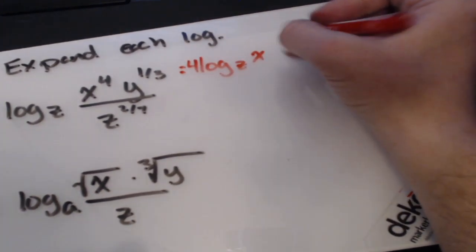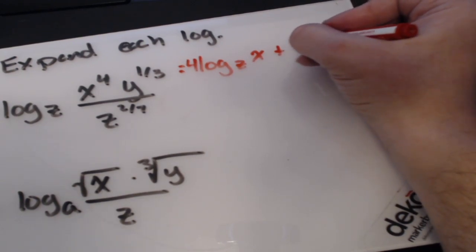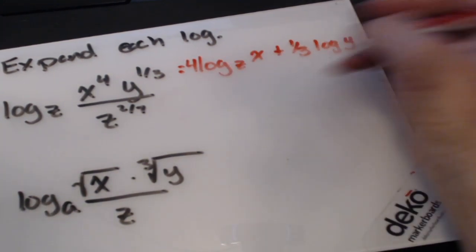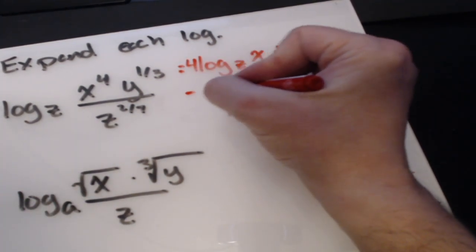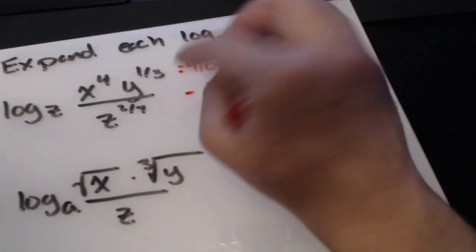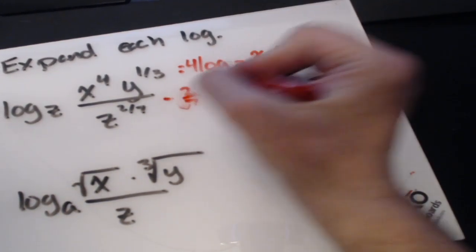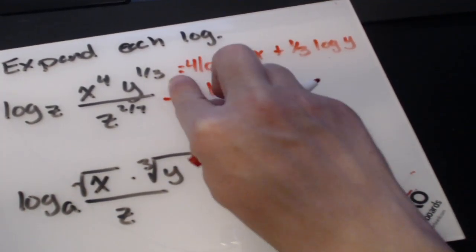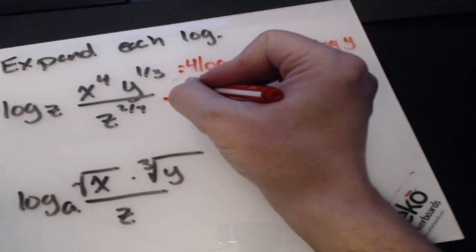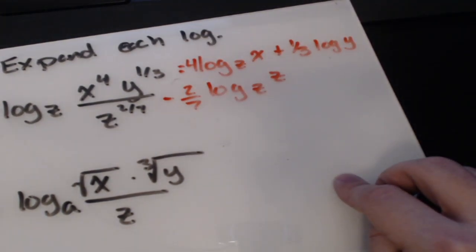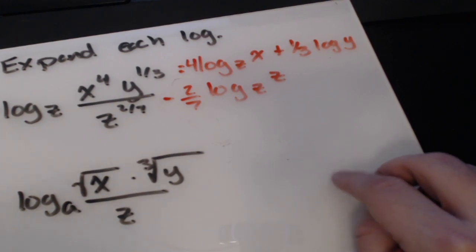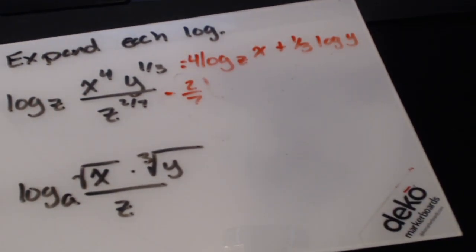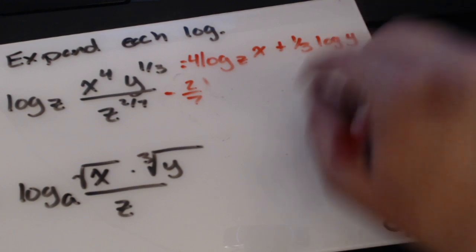I bring x plus 1/3 log base z of y, minus 2/7 log base z of z. Anytime you have log base z of z, so the base and the of are the same, guess what happens? This cancels out, and you're done. So it should be minus 2/7 up here.